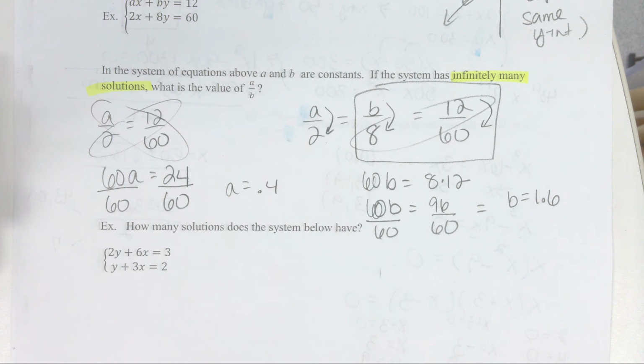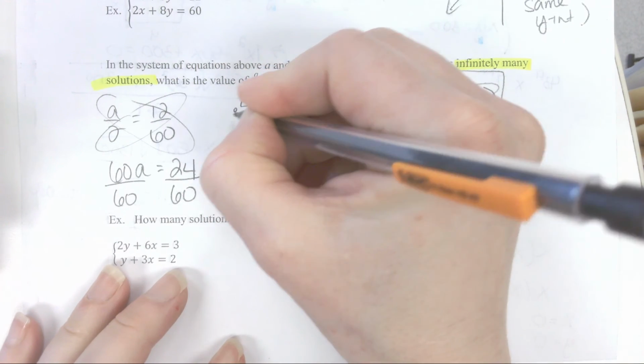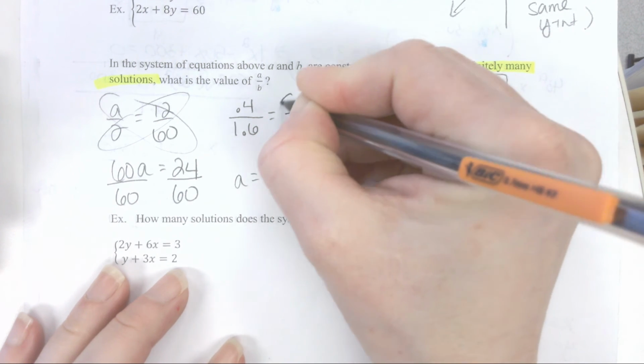Okay, what's the ratio of A to B then? 1/4 or 0.25.